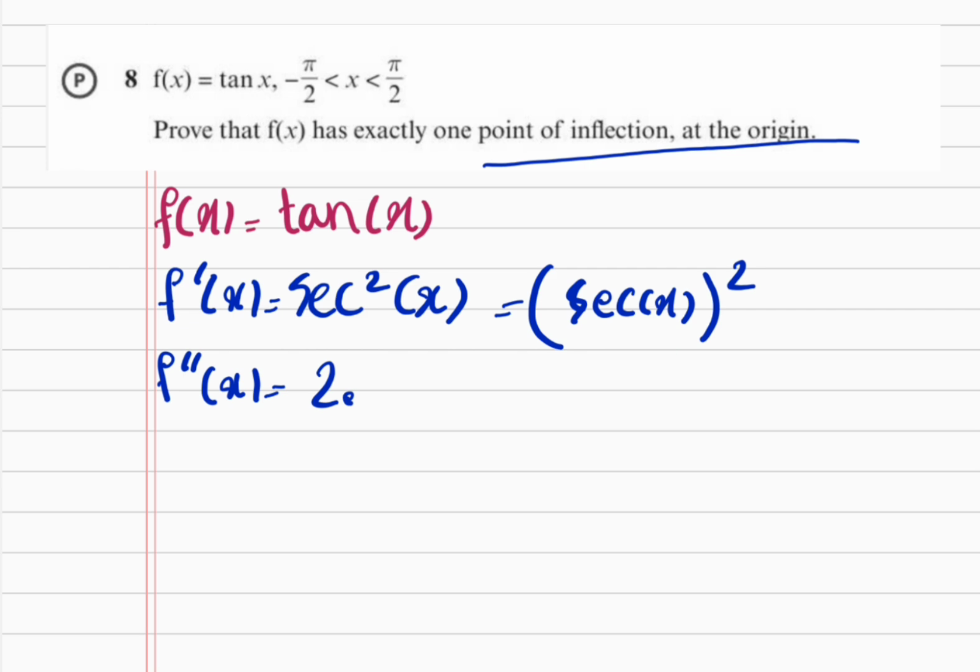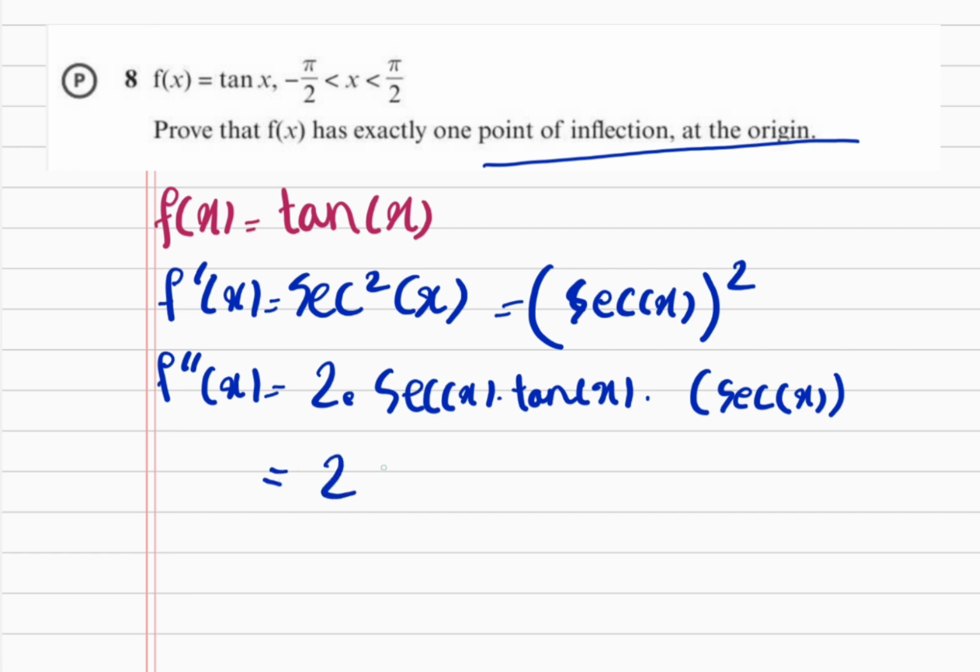As I said, sec x differentiates to sec x tan x. And finally, we write the function inside, so sec x, but the power decreases by 1. We can simplify this, which gives us 2 sec squared x tan x. So this is the second derivative.